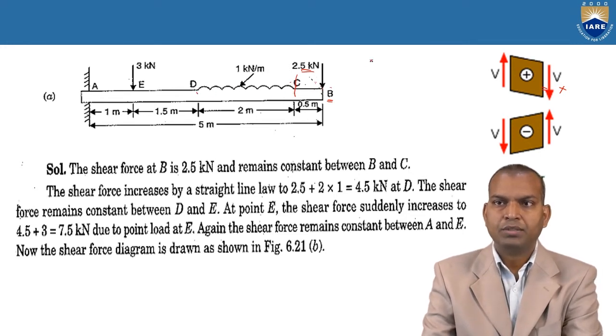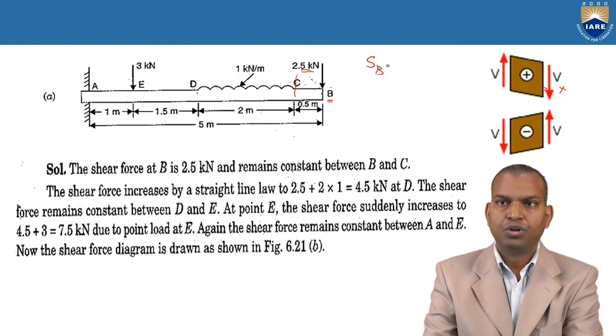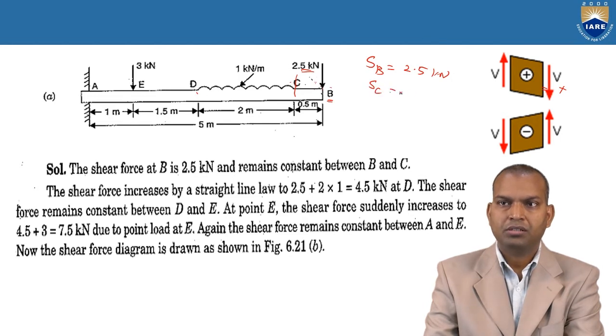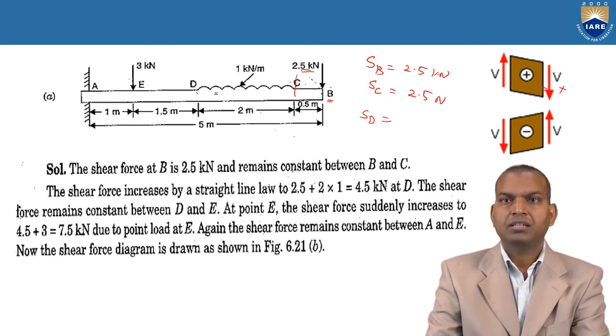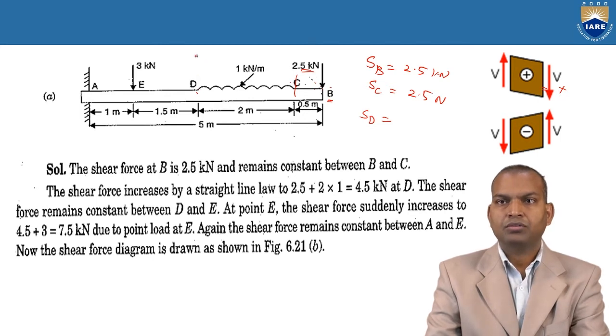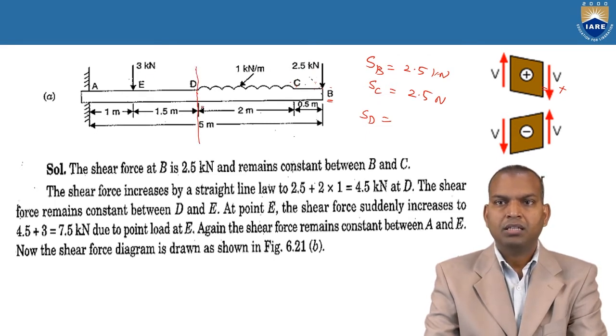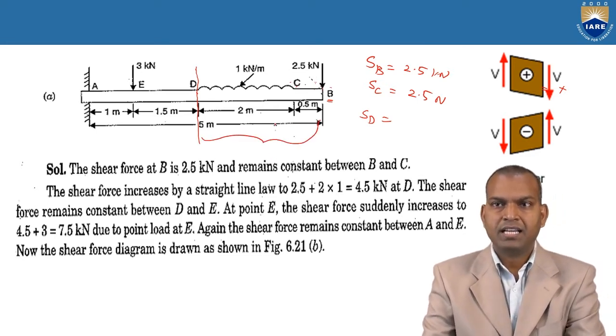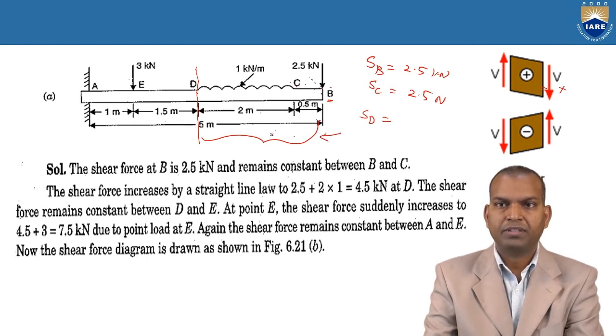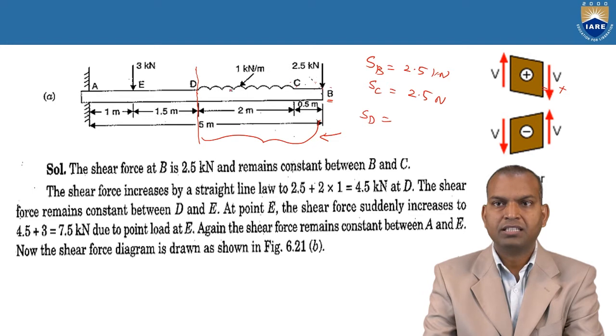Next, go for point D. What is the shear force at point D? Shear force at point B is 2.5 kilonewtons. Point C is 2.5 kilonewtons. Now the section line is up to point D. Now you consider this zone. That is our value, we have to consider it. On the right side, because we are moving from right to left. So on the right side portion, what loads are acting here?